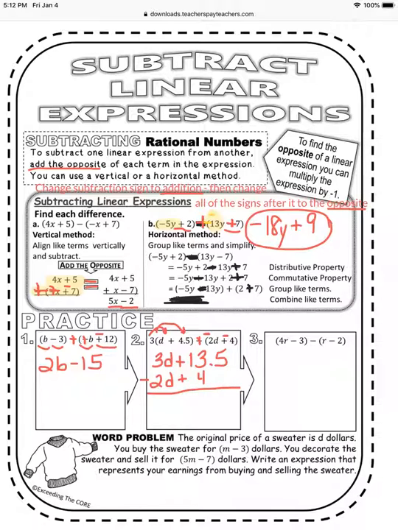There's no decimal in the number 4, but I know the decimal point comes after it, and when we add and subtract decimals, you have to line up that decimal point. So what's 13.5 plus 4? That would be 17.5, and it's positive. What is 3D minus 2D? It's just D.